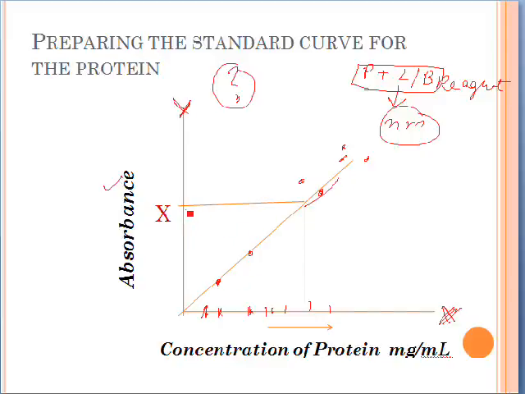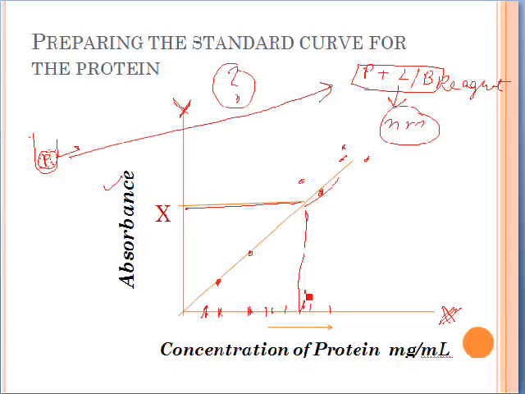Now take your crude extract or solution in which your protein of interest is present and perform the reaction in the same manner as the standard. Then with the help of the standard curve we can extrapolate the graph towards the standard curve and then to the x-axis.